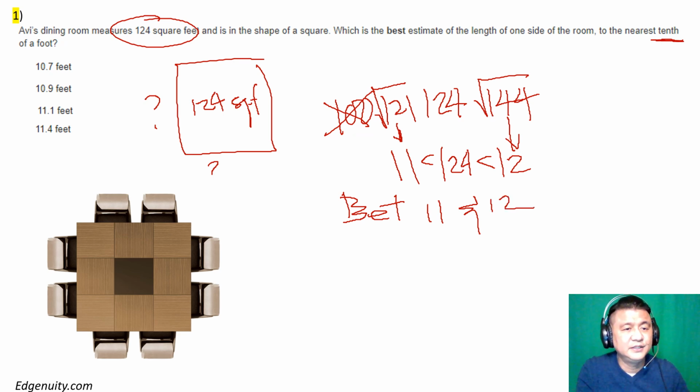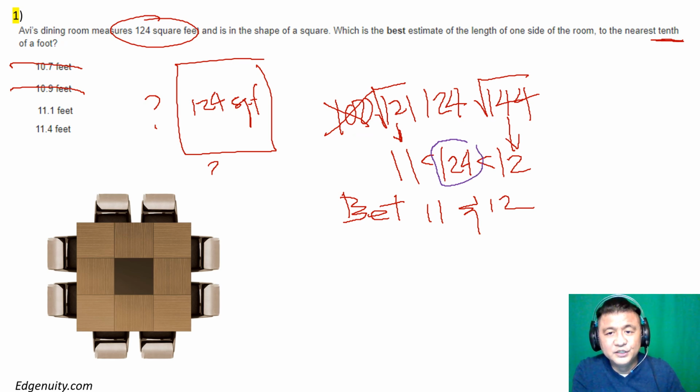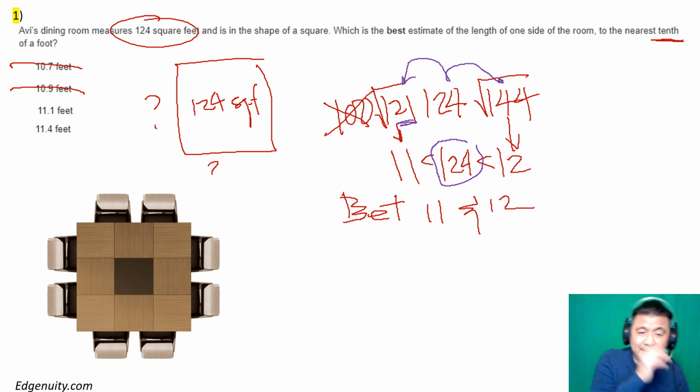Okay, but you want it to the nearest tenths. Look at 124. Is 124 nearer 144 or 121? It's so far to go to 144. Nearer here. So go to the lower half. Lower half would be 11 point what?